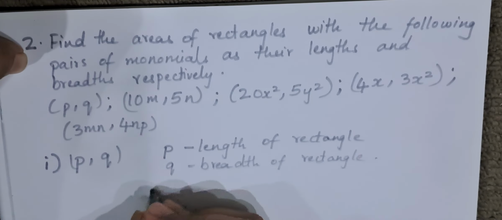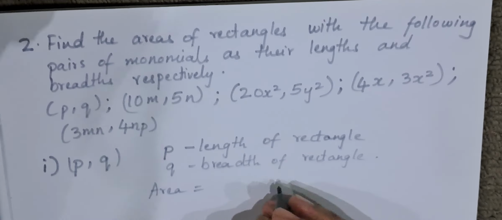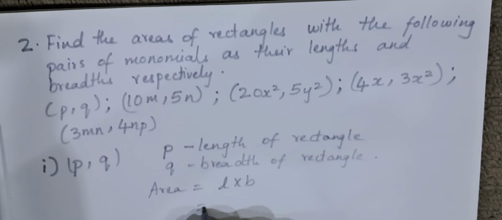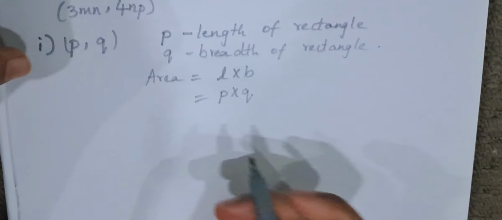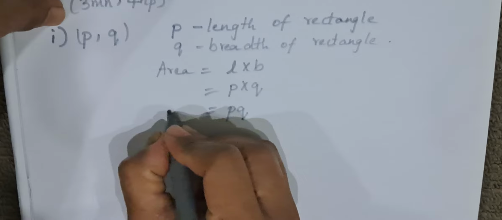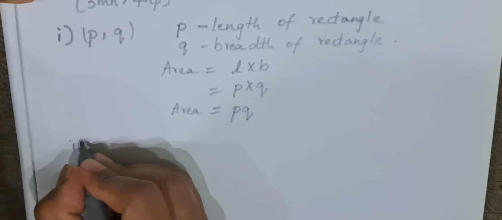Now we have to find the area of this rectangle with length P and breadth Q. How do we find the area of a rectangle? Length times breadth. So it will be P times Q. This is very simple. P times Q will be PQ. PQ is the area of the rectangle in the first one. Now let us see the second one.